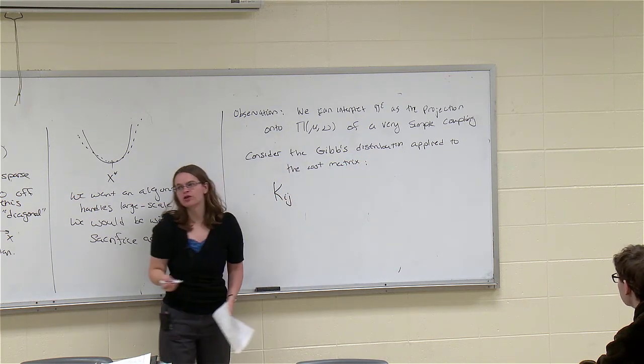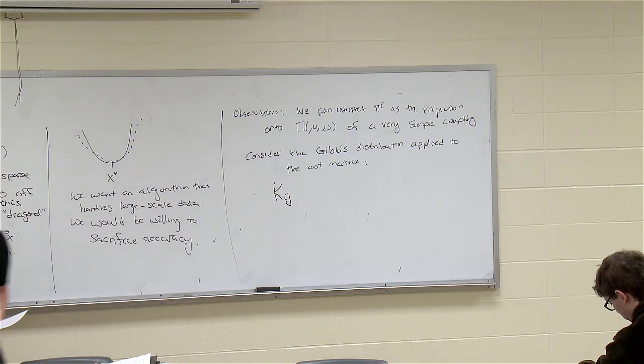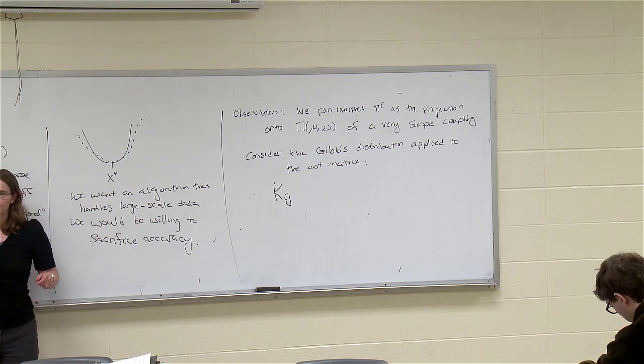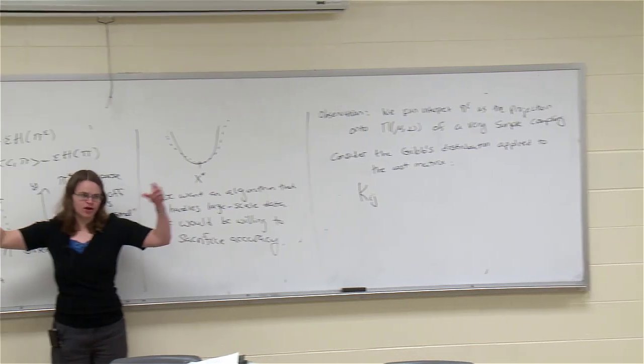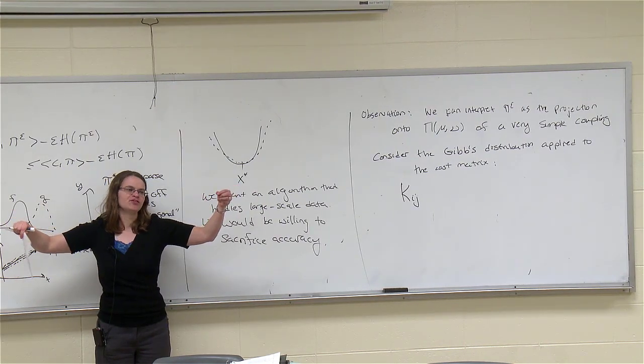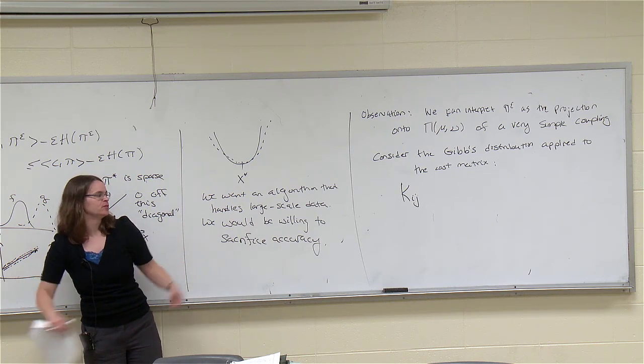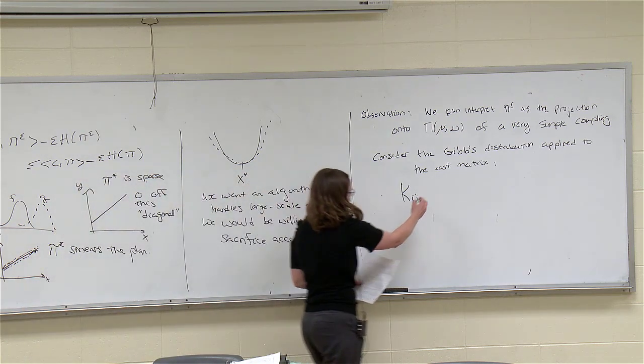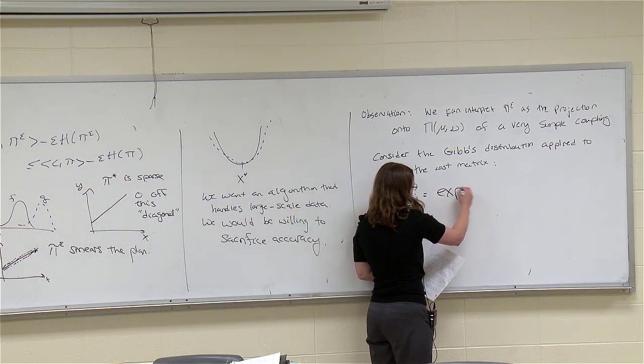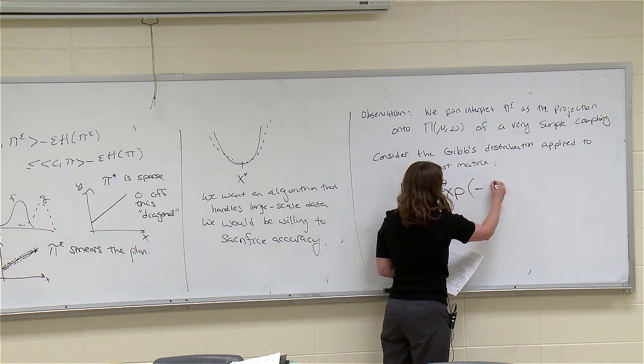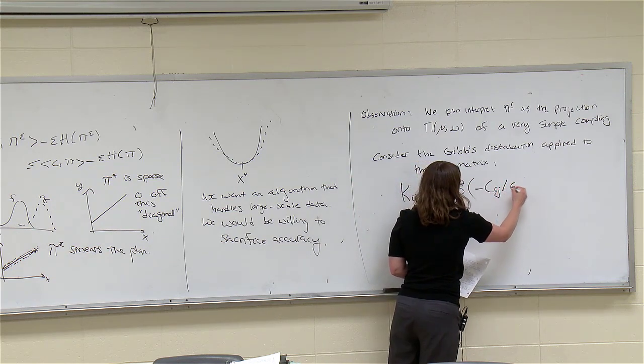Okay, so this is again going to be an n by m matrix, similar to pi. It's not going to have the right marginals or anything like that. It's just going to be some sort of rule that says maybe a lot of mass wants to move from here to here, or maybe the values are low and mass doesn't really want to move from here to here. So this is the coupling. And it's the exponential of minus C_ij divided by epsilon.